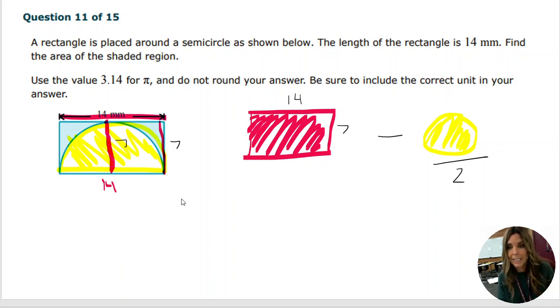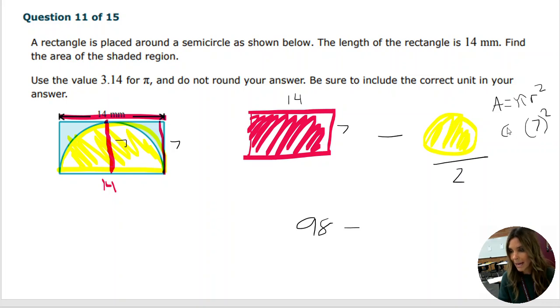So here we go. 14 times 7 is 98. Minus, to find the area of the circle, we're going to do pi times radius squared. So our radius in this case is 7. So 7 squared times 3.14 gives us 153.86.